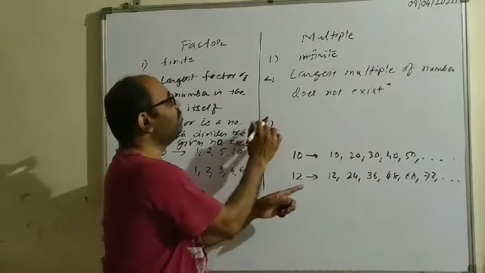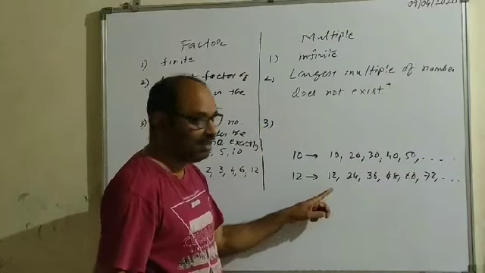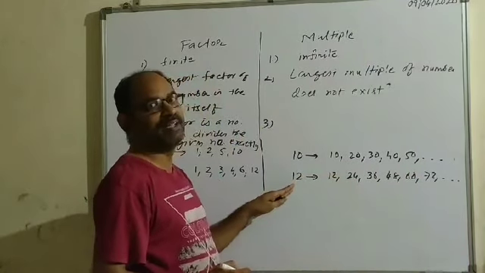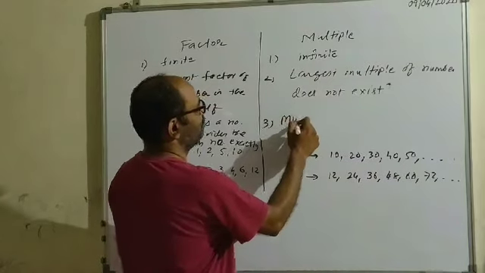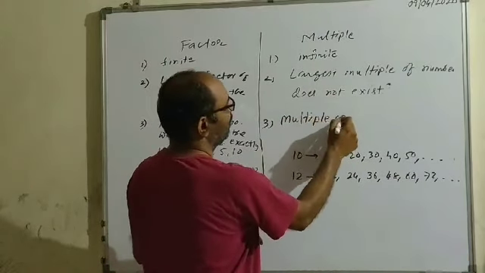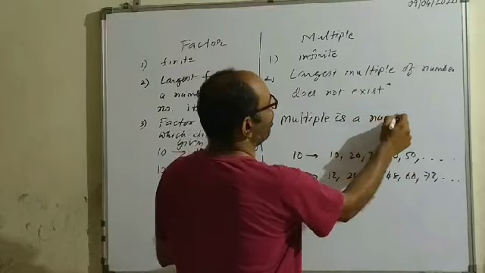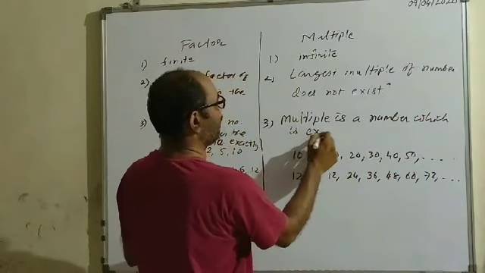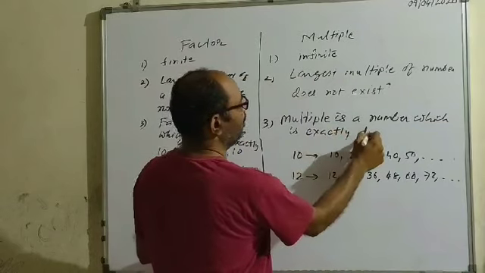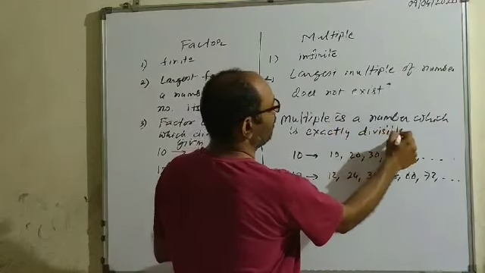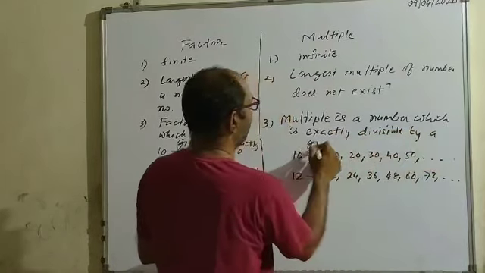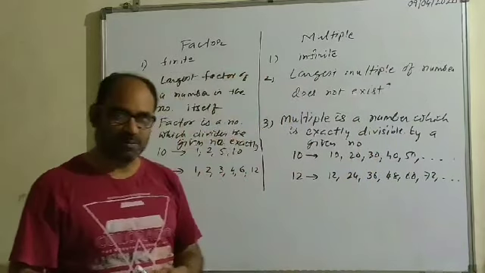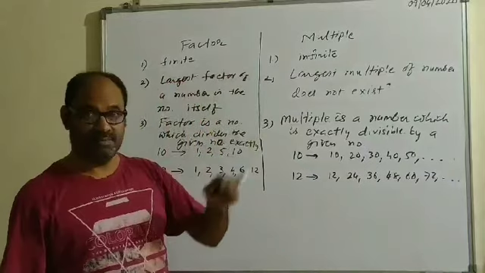And what is a multiple? A multiple is a number which is exactly divisible by a given number. So that's the difference between factor and multiple.